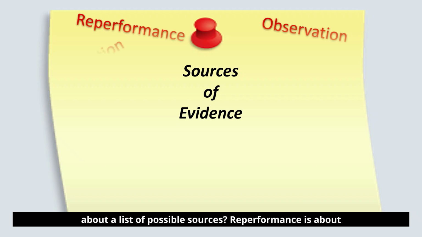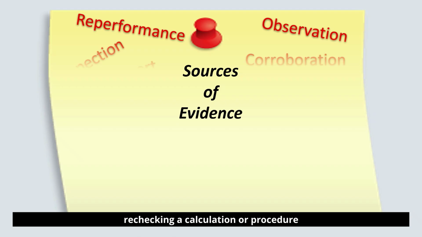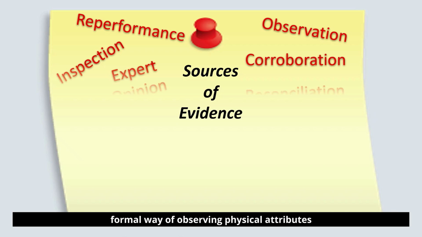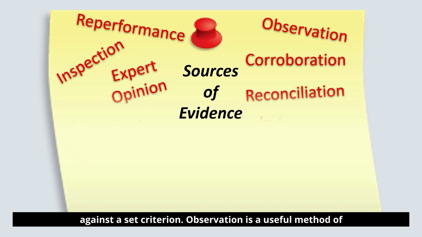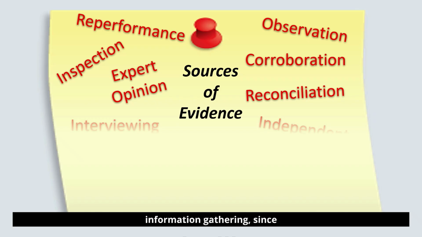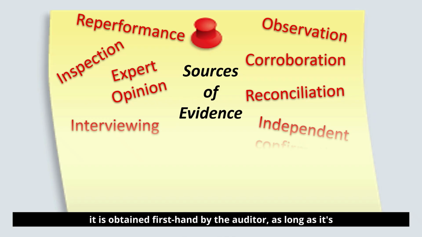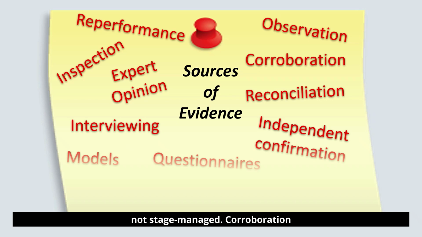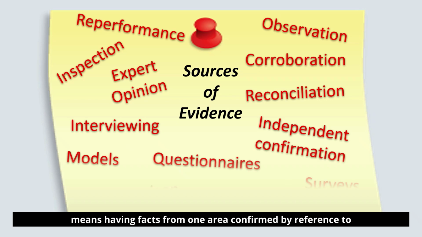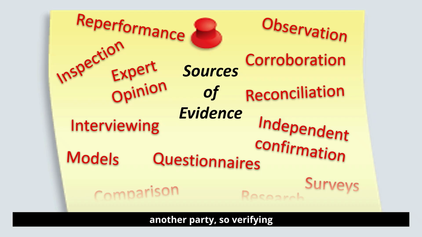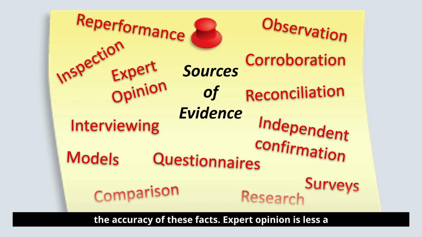Re-performance is about rechecking a calculation or procedure for evidence as to its reliability. Inspection is a formal way of observing physical attributes against a set criterion. Observation is a useful method of information gathering, since it is obtained first-hand by the auditor as long as it's not stage-managed. Corroboration means having facts from one area confirmed by reference to another party, so verifying the accuracy of these facts.